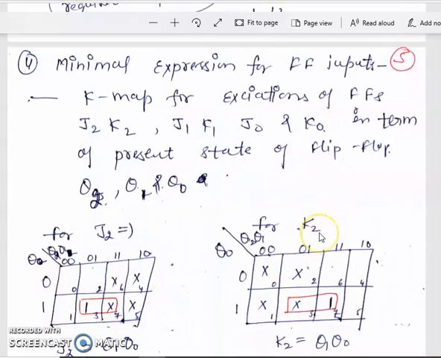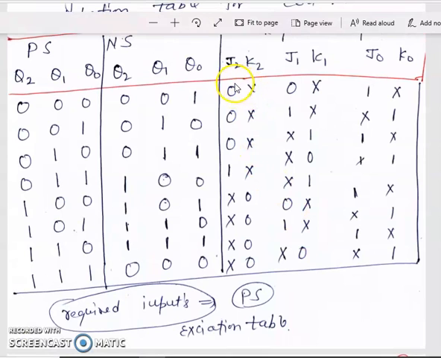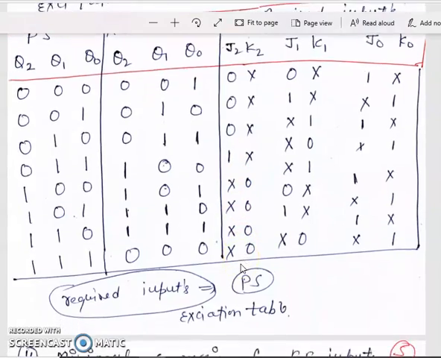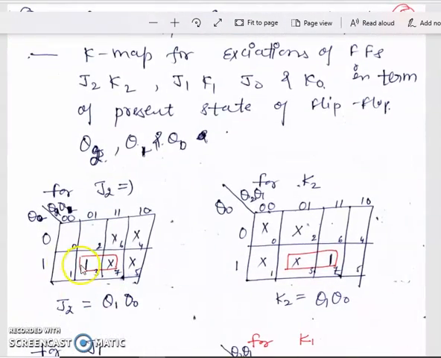We fill the value of J2, we fill these values where 1 and don't care exist. Okay, 3 is 1, and after that 4 5 6 7 are all don't care.